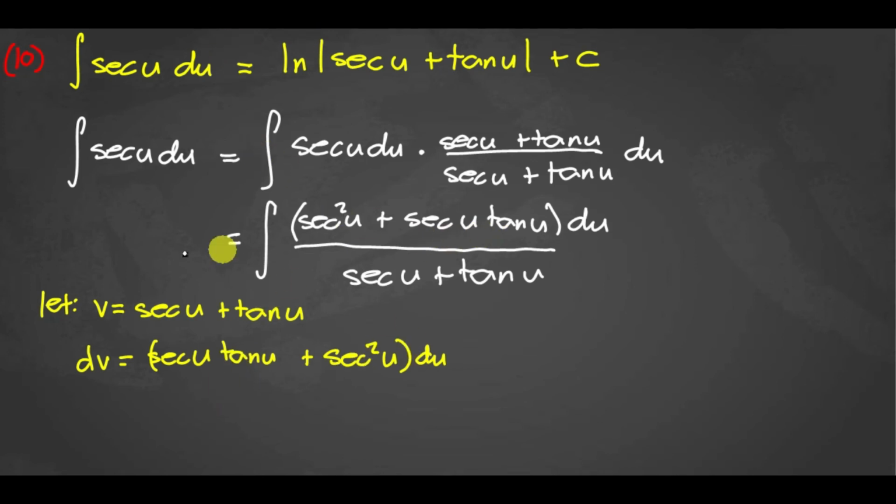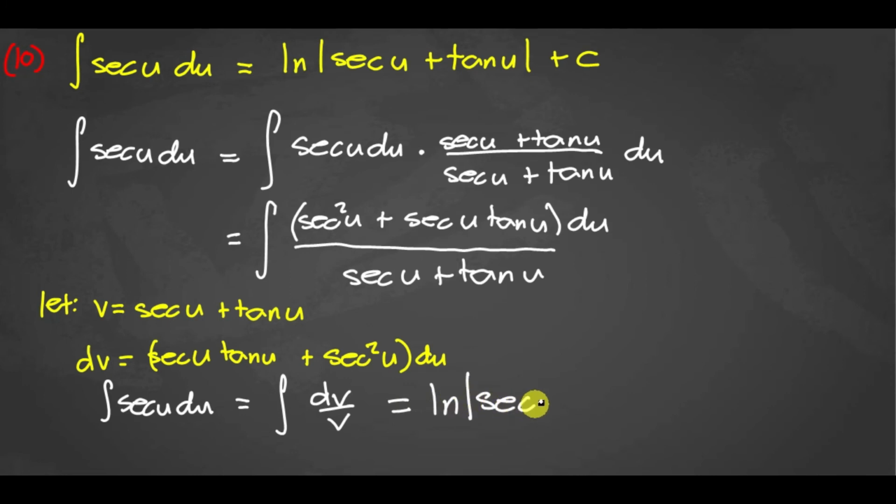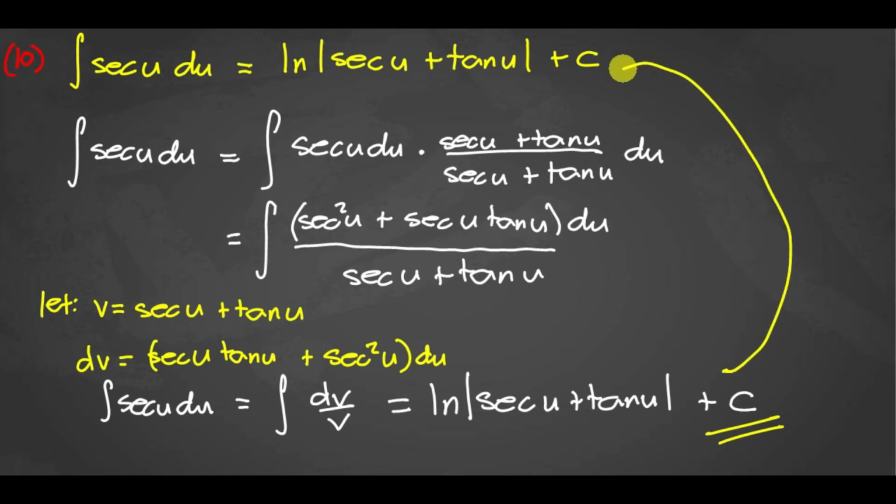So in this case, the integral of secant u du is equivalent to the integral of dv all over v, which is equal to the natural logarithm of v, which is secant u plus tan u, plus c. And that is the process of arriving at our particular answer for equation number 10.